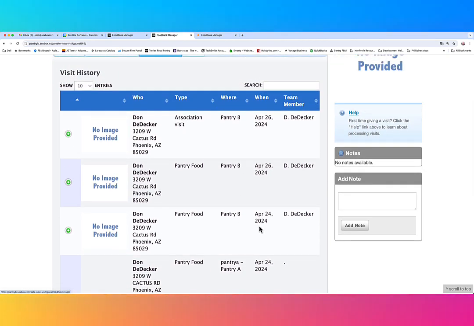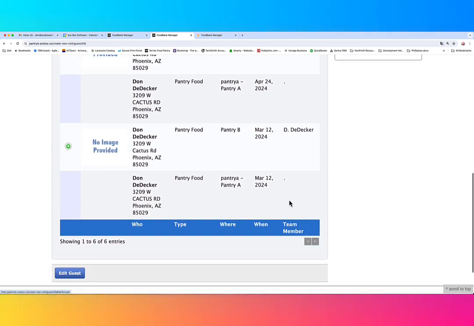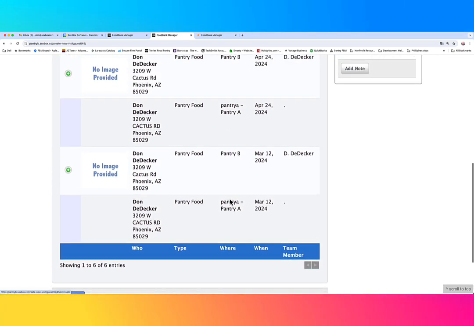Pantry B new, but because I'm in the association, it won't see new Pantry A visits, but it will see the old Pantry A visits prior to them turning it off. Because they're now turned off, new visits won't get recorded, so other people in the association won't see it.